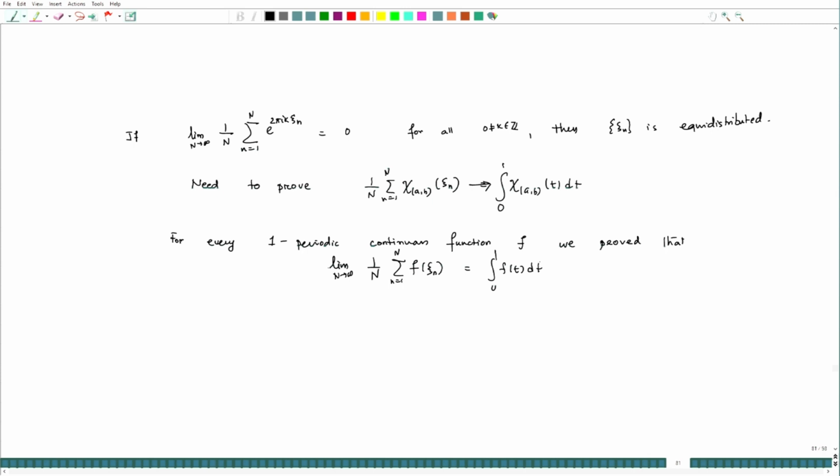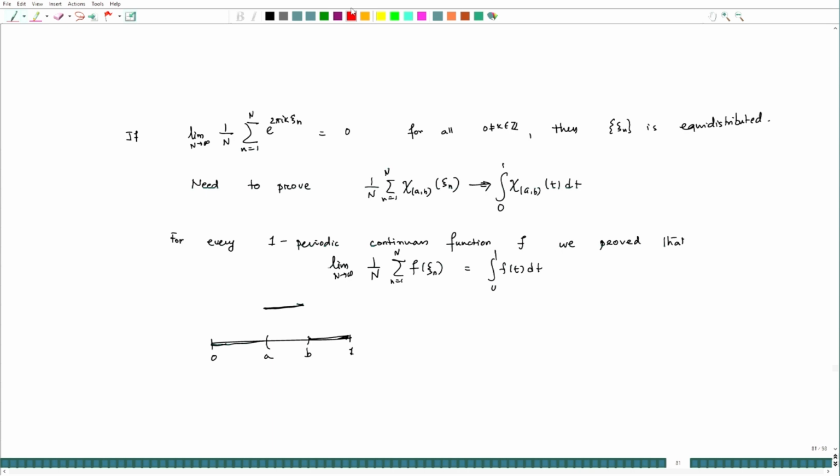Now, from the continuous function, we would like to go to the indicator function of a b, a step function. Pictorially, it looks like this: the indicator function of a b is 1 on a b, and 0 outside.